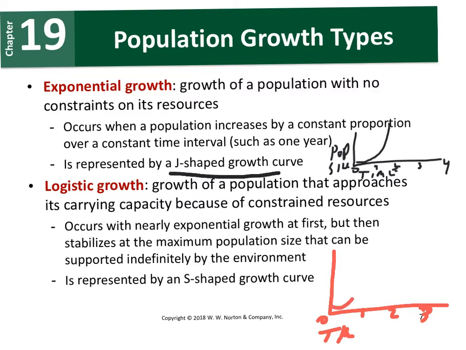It starts, but there is a limit, and this is the carrying capacity, CC. So this population, as it approaches, stays at that carrying capacity: an S-shaped curve.